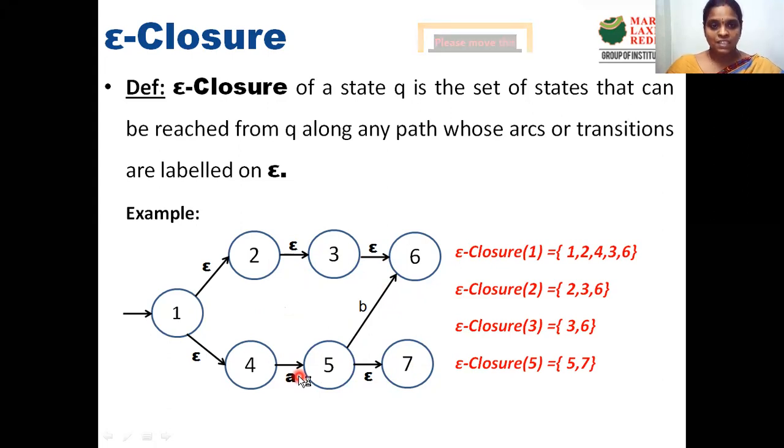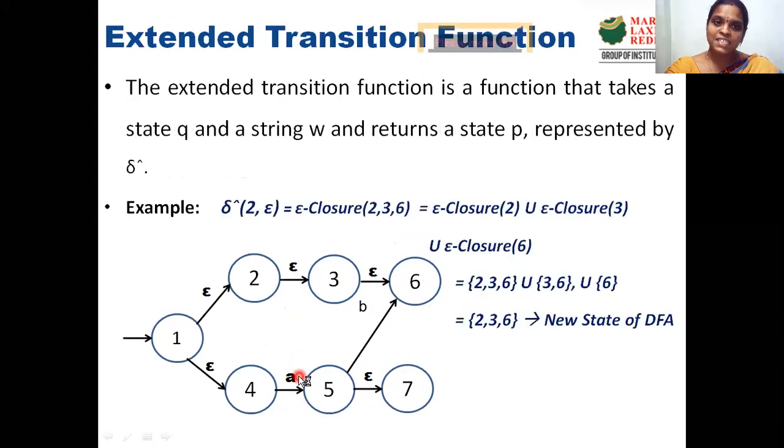Now, after finding these epsilon closures, we use a function known as the extended transition function, which is defined on a particular string. The difference between the transition function and the extended transition function is that the extended one allows us to move upon a particular string.